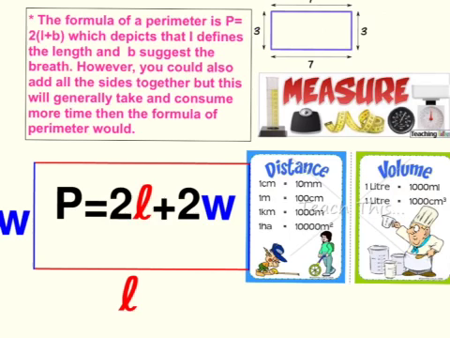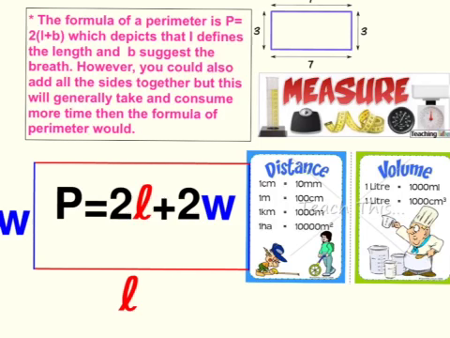The formula of a perimeter is P equals 2 brackets L plus B bracket closed, where L defines the length and B the breadth. You could also add all the sides together, but this will generally take more time than the formula would.